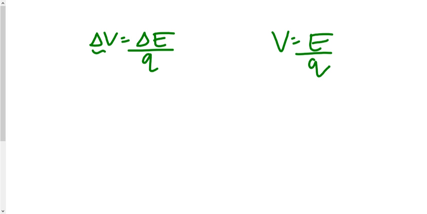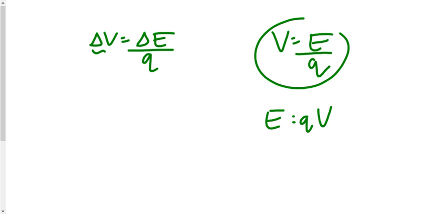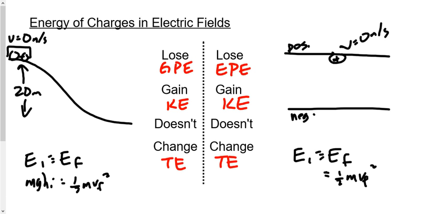Now, you want to find an equation for electric potential energy? Take this one and rearrange it. E is equal to Q times V. It's charge times electric potential. Potential, remember, is the energy per coulomb of charge. And let's replace that mgh with that new equation for potential energy, Q times V. Remember, that's a capital V, though. It's not Q times speed.